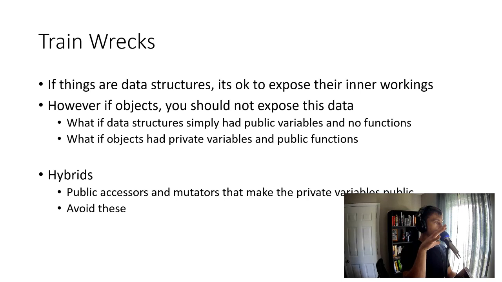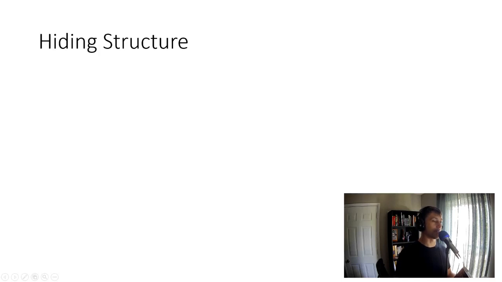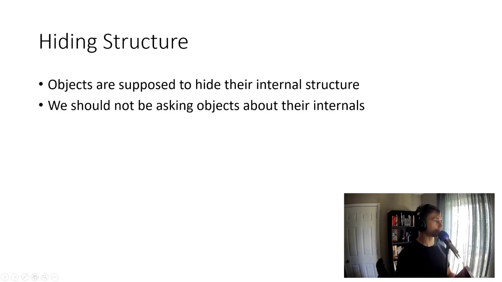And if it's an object, don't expose the data. But if it's a data structure, completely fine to know the data. So just don't get caught up in a situation where you're making hybrids. And again, that's where you have private variables, but you have public accessors to those variables. You can still see the inner workings of that object.